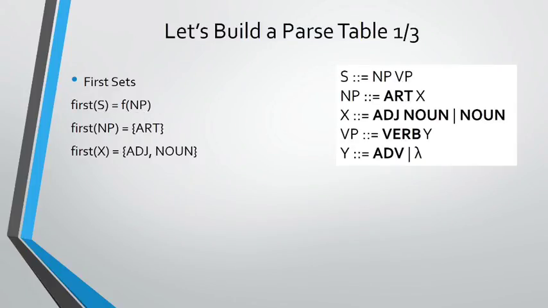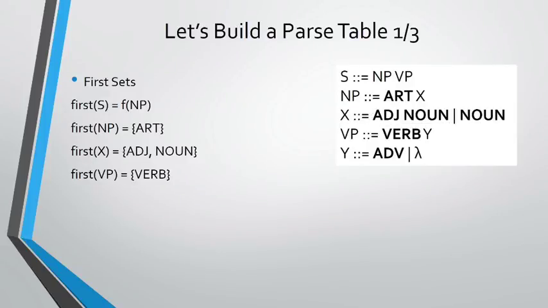Do the same thing for X, and we see that again, adjective, which is a terminal, is the first terminal to show up if we used this production, X to adjective noun, and noun is the first terminal that would show up if we used this production from X to a noun. So we end up with these two terminals in the first set.